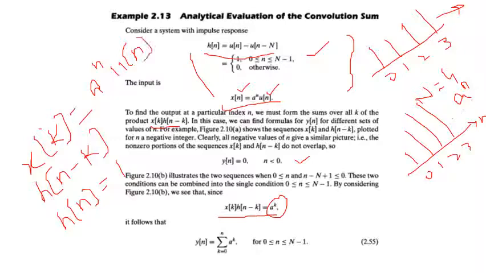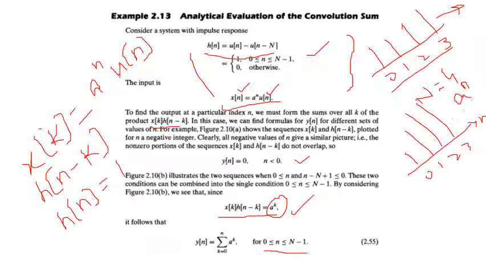So the multiplication of these two will be simply a raised power k. Okay, so now between 0 and n minus 1, we know that there will be overlapping from 0 to n minus 1. So this is 0 to n minus 1.